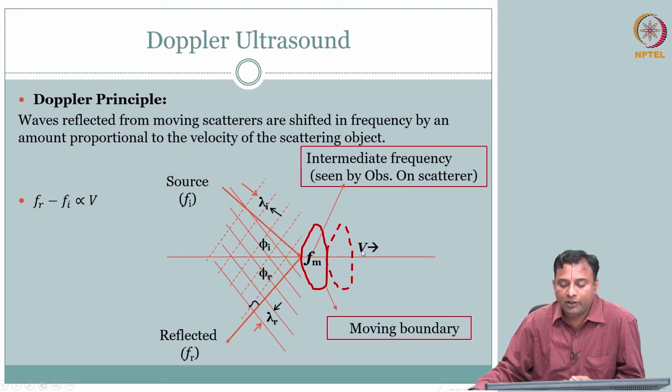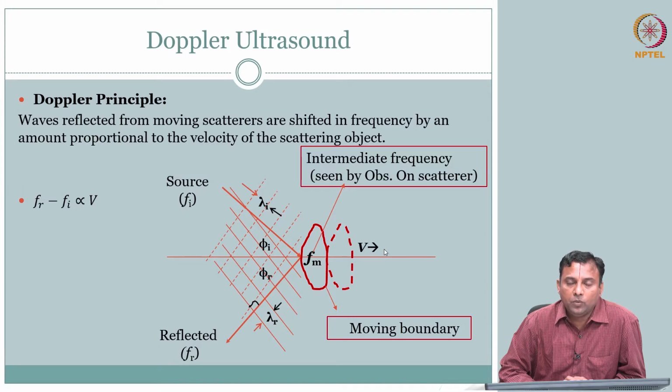In this case, I have put the velocity going to the right. Given this proposition, what do we want to do? Well, we know the big theme: somewhere we will have to find out what is this Fr minus Fi.